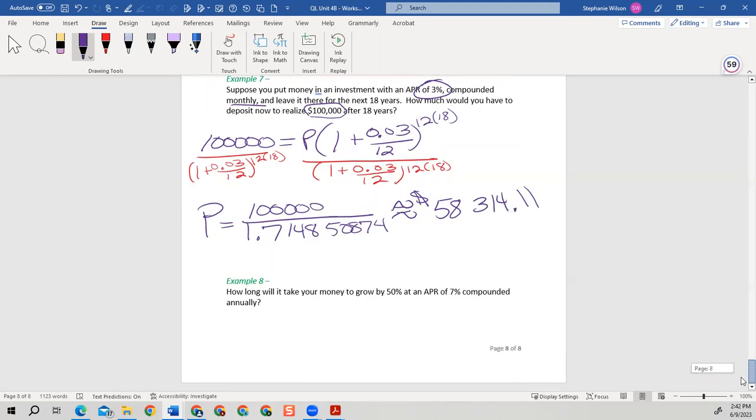Okay. And the last one says, how long will it take your money to grow by 50% at the APR of 7% compounded? All right, well, let's take our formula again and let's plug in what we know.